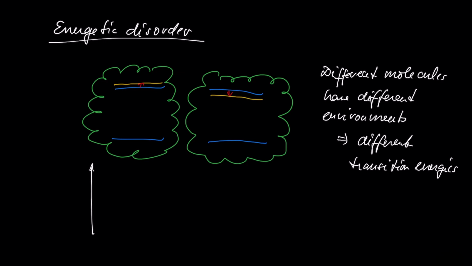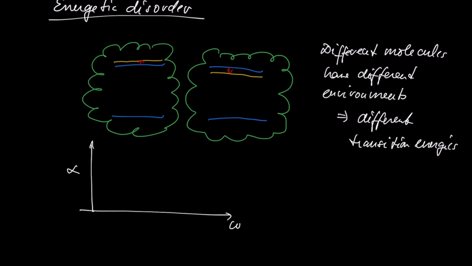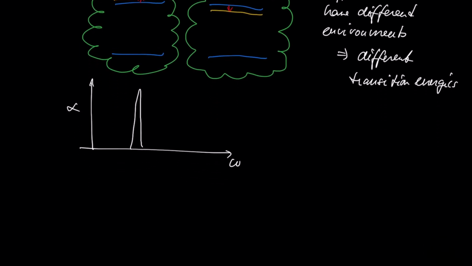So we can, for instance, assume that here we have an absorption spectrum, omega. Here we record the absorption, and one molecule may have its transition here, whereas, for instance, another molecule, if we would take them individually, would have a transition somewhere here.